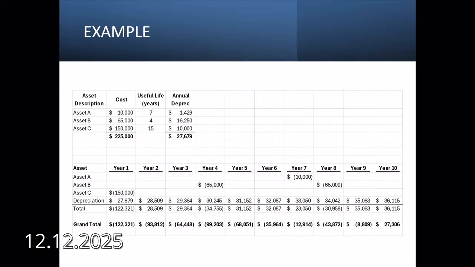So here is, for example, a very basic sample of how we come about what our needs are annually when we give you a CIP budget year to year.